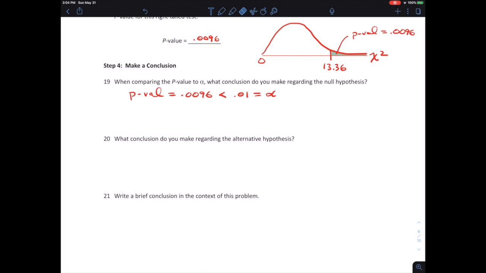So we would reject the null hypothesis. We would support the alternative, which just basically says that the variables are dependent. There's no proof of this, but we have strong evidence.